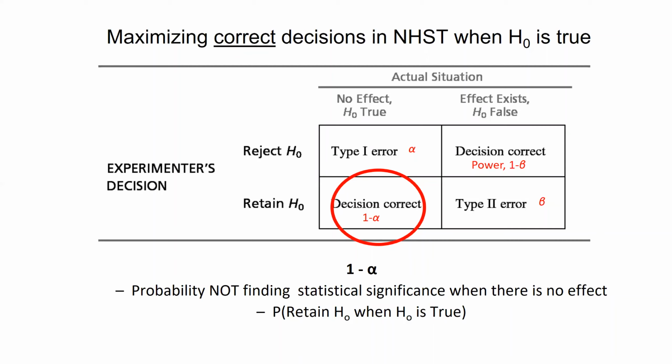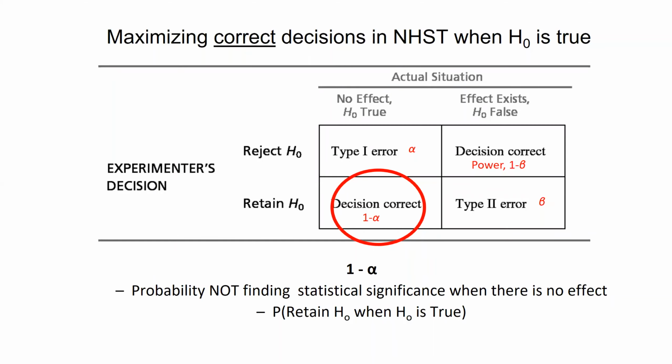So you really want to, particularly in the experimentation area, researchers really want to minimize the probability that they will commit a type 1 error. And so they want to set a low alpha.